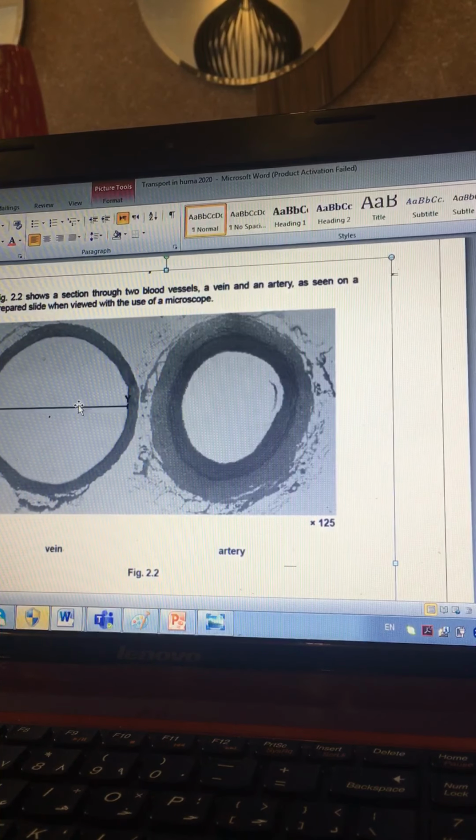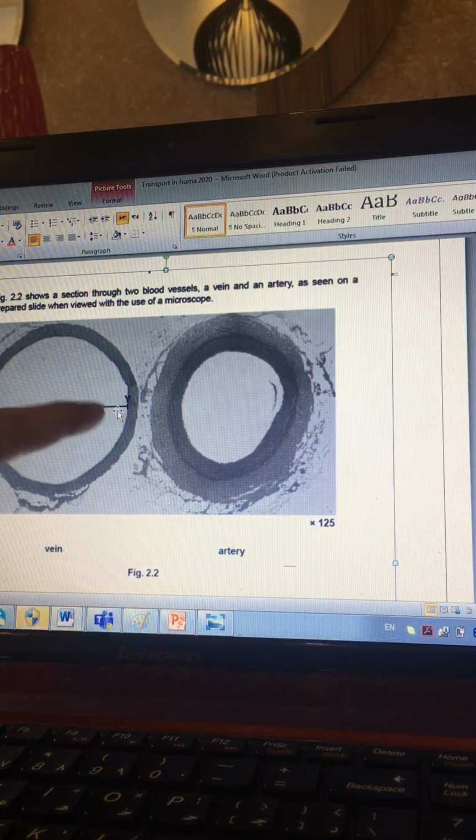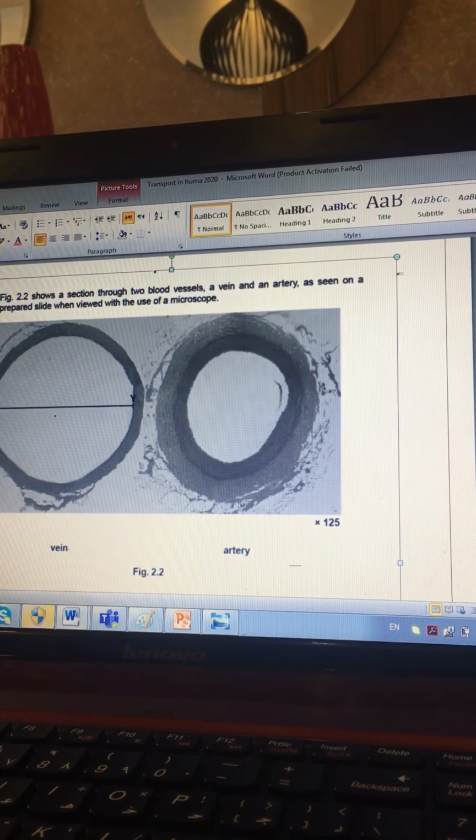So once we measure the distance from x to y, it is the magnified length. According to the law of magnification, M equals magnified over actual. Magnified, which is the one in XY, and actual, we're gonna find it, which is unknown.